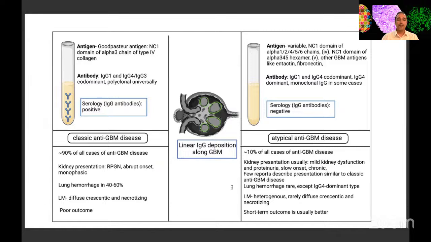So my question first to Dr. Anisha is, how often do you recommend doing subtyping or subphenotyping of the IgG which is involved in causing the pathogenesis? Would you recommend doing it on a routine basis? Because if we look at the distinction here, the classical has a poor outcome, and the better outcome is atypical.